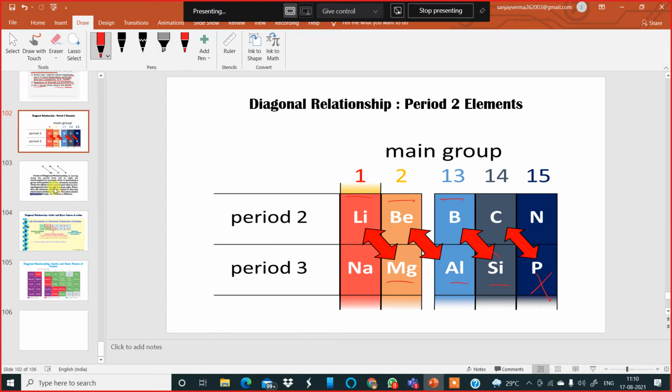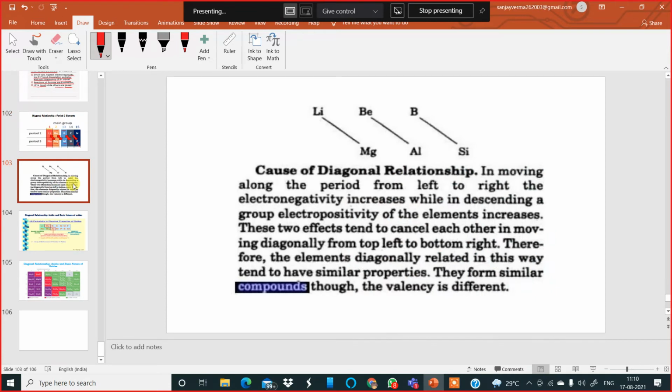Now if you look at the next slide, the cause. What is the main cause of diagonal relationship? In moving along the period from left to right, the electronegativity, we know, increases, while in descending a group, electropositivity of the element increases. These two effects tend to cancel each other in moving diagonally from top left to bottom right. That is the main reason for the diagonal relationship of these elements.